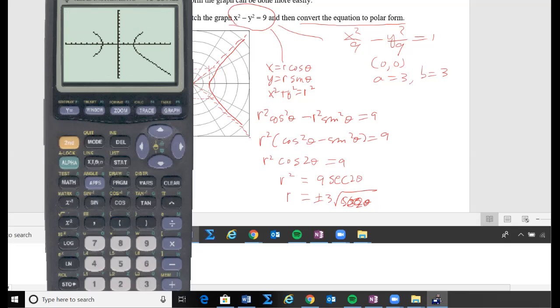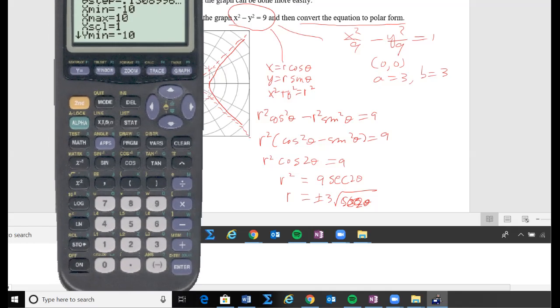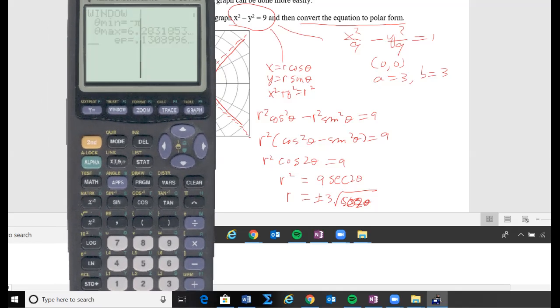Now I'm seeing part of it. It's sort of jumping around, giving me pieces, and I don't have the whole picture. So I probably would have to change my window, put in a little bit bigger theta max, or I could use negative values of theta. Let's go negative pi. Let's see if that gives me enough. And then graph that.